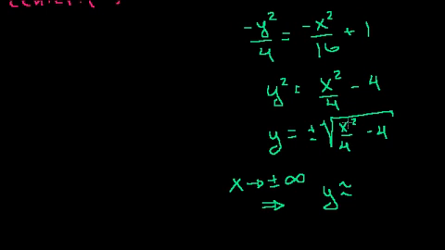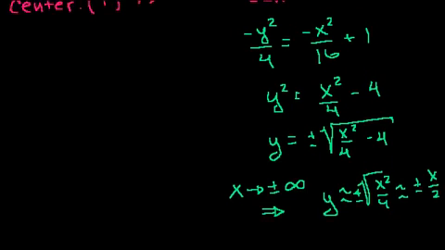You take the square root of that, and so this is going to dominate. So as you approach positive or negative infinity, y is approximately equal to the positive and negative square root of x squared over 4, so y would be approximately equal to positive or negative, what's the square root of this? x over 2, or 1/2 x.